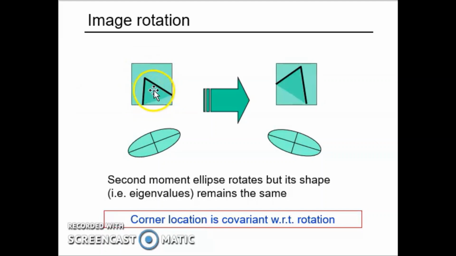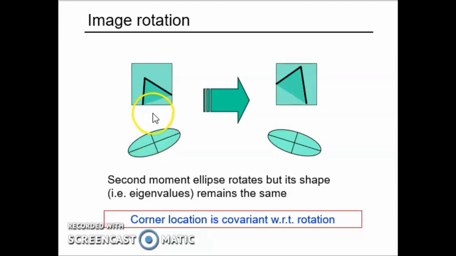So this is the corner here, and the corner has been rotated. As we have already discussed, once we calculate the matrix M, we are basically emulating an ellipse which has a major axis and a minor axis. If both eigenvalues of this matrix are large, then it is going to be a corner.